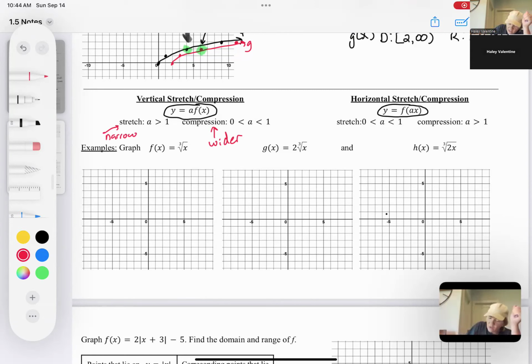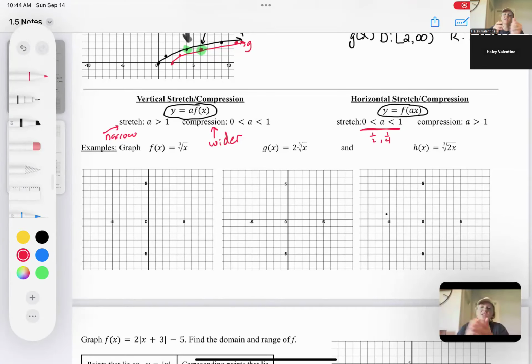So now look at this. This one is saying now, if your A value is between 0 and 1, aka if it's a fraction like 1/2 or 1/4, okay, if it's on the inside, it's actually going to stretch it. It's going to make it bigger. Okay, previously stretching was if it was greater than 1, but inside the parentheses is opposite.